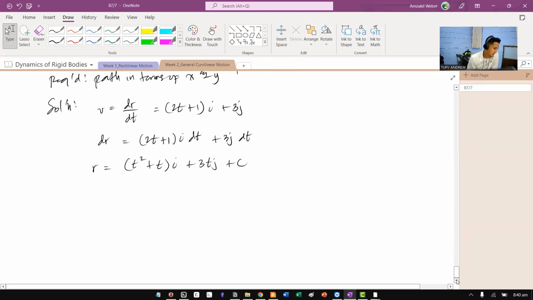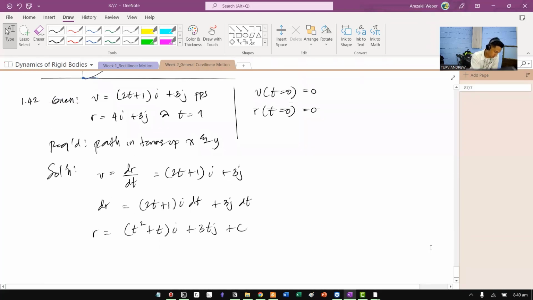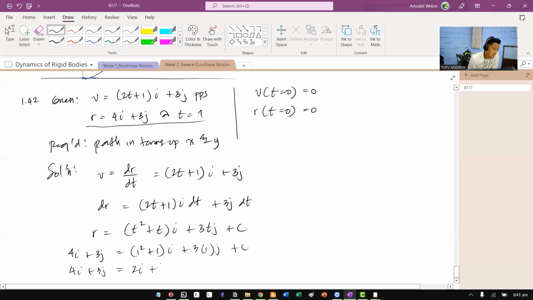That's the time we use the boundary condition. The given boundary condition is that at time t equals 1 second, the position is 4i + 3j. Let's plug that in. So this would be 4i + 3j equals the position at time 1 second: (1 plus 1)i plus 3(1)j plus c. So 1 squared plus 1 is 2, 2i, 3 times 1 is 3j, plus c.